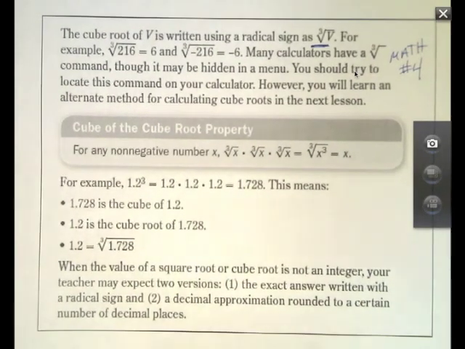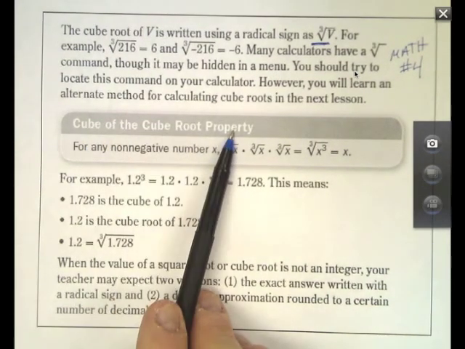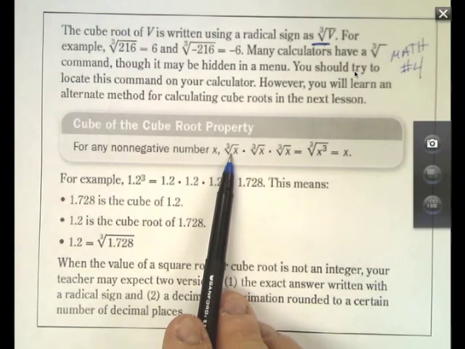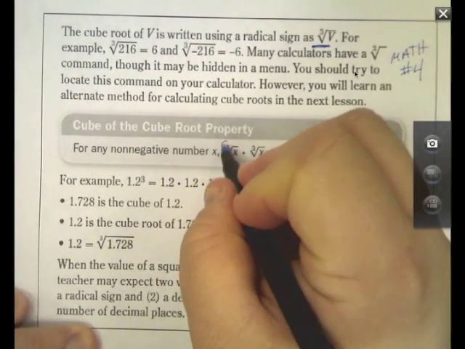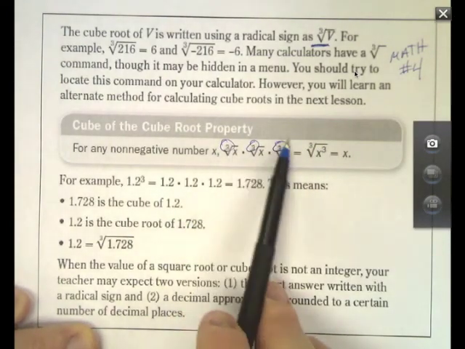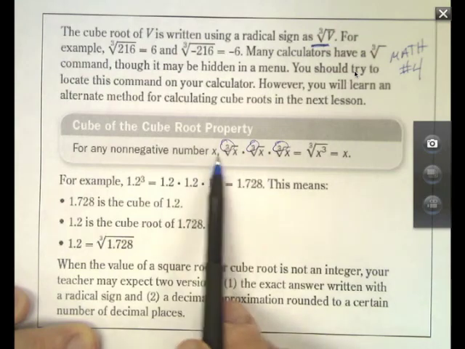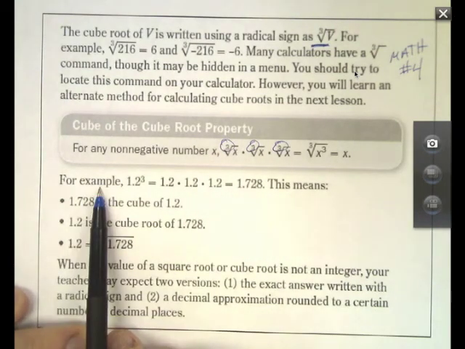Many calculators have the cube root sign command. That is math, and we said it was number 4. You should try to locate this command on your calculator. We just did that. The cube root property is the same process as the square root property.